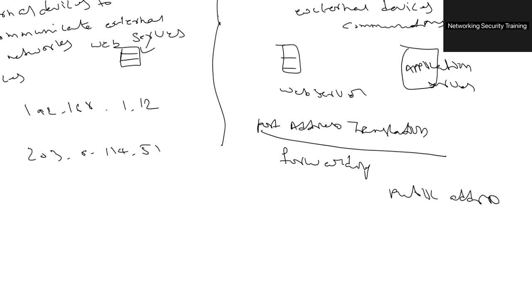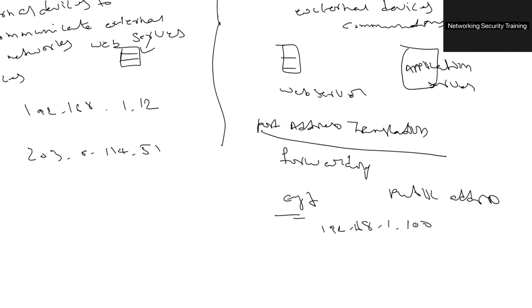So, for example, 192.168.1.100 is a web server inside a private network.